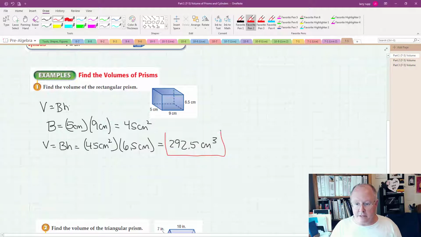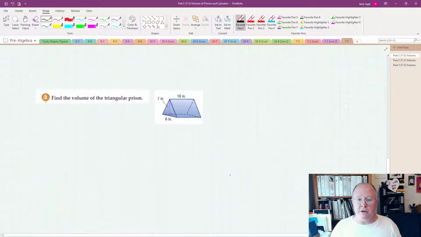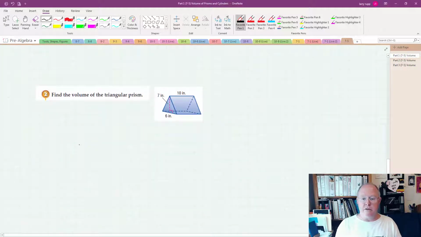Okay, rectangular prisms are actually pretty simple, and triangular prisms are not much harder. So here it says find the volume of the triangular prism. Again, volume is equal to the base times the height. Capital B base. Well, what's the capital B base in this picture?